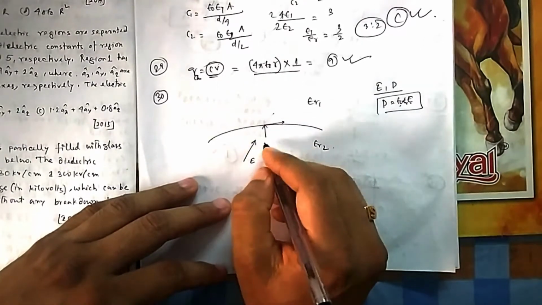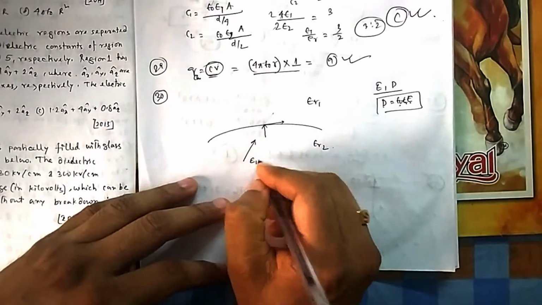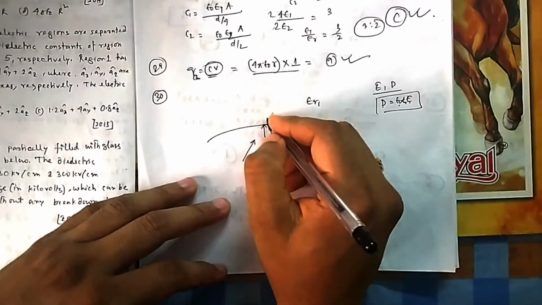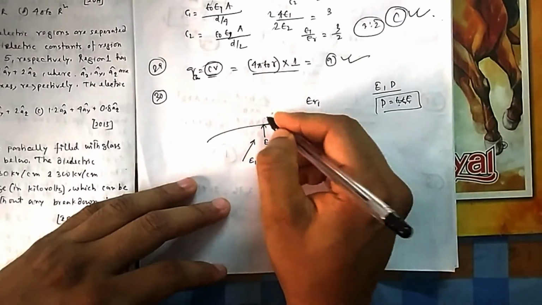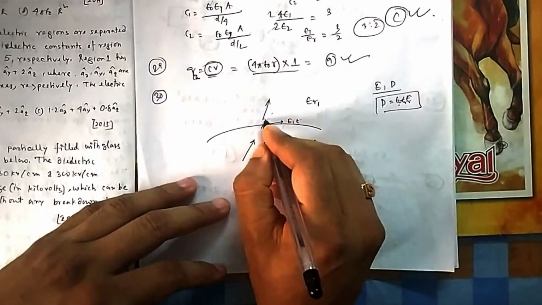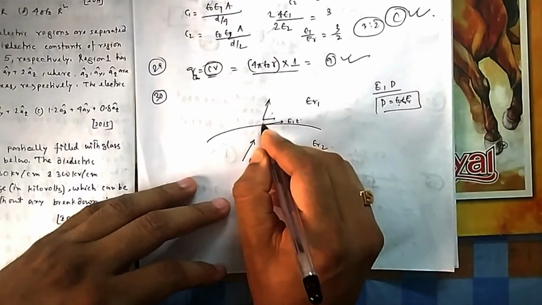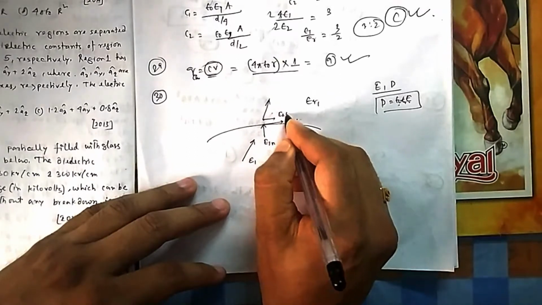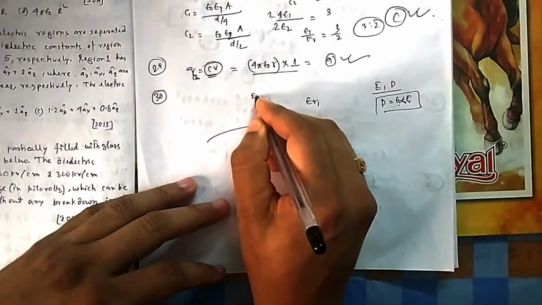So whatever E is in the first region has a normal part and a tangential part. Similarly, whatever E is on this side, at the same point, also has a tangential part E2t and a normal part E2n.